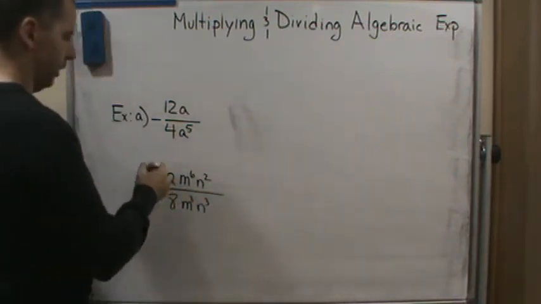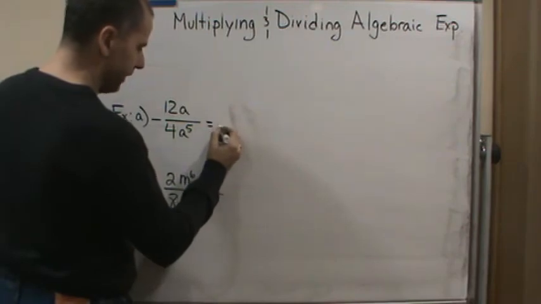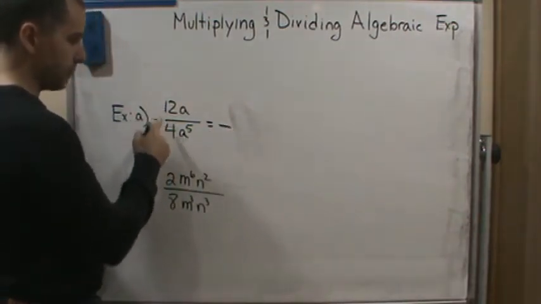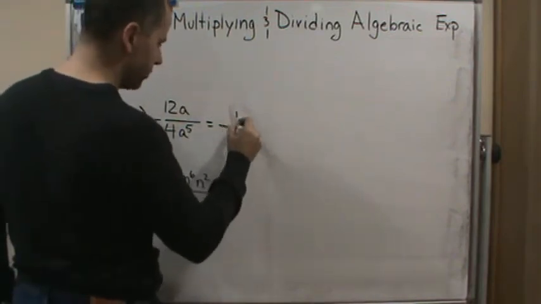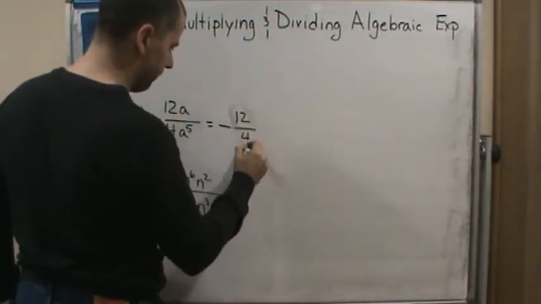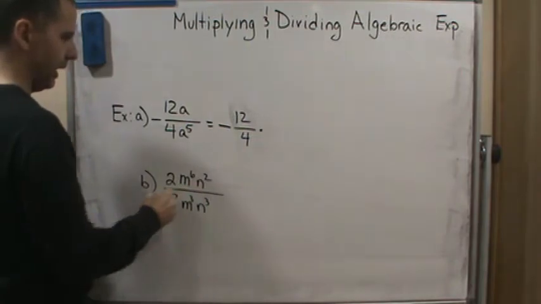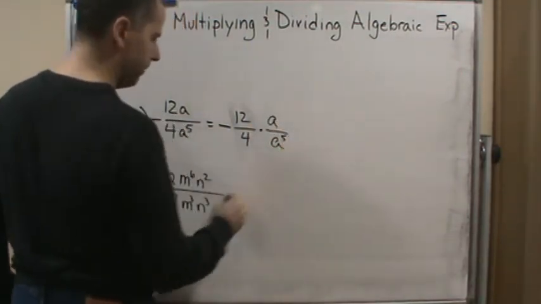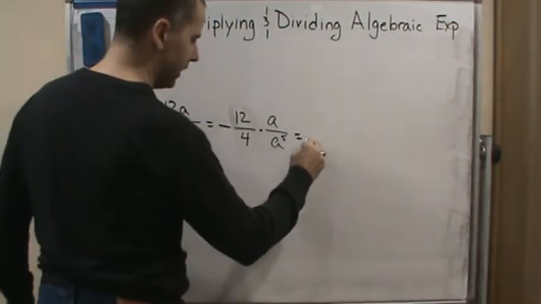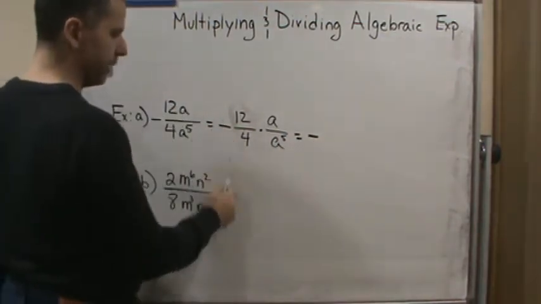Now, this is negative, so this is going to equal negative. I'm going to split this up just to make it easier to see. I get 12 divided by 4 for the first part, times a over a to the 5th. So this is going to equal negative, well, what's 12 divided by 4? That's 3.